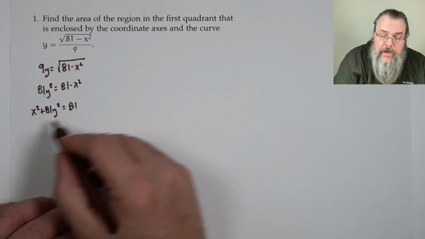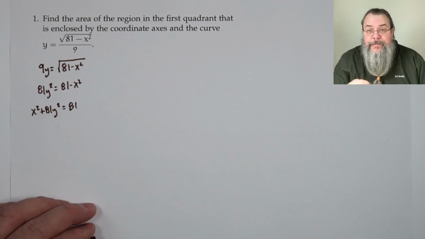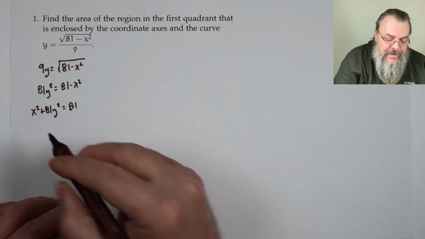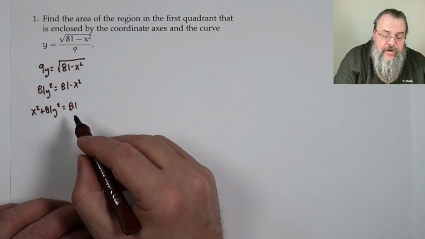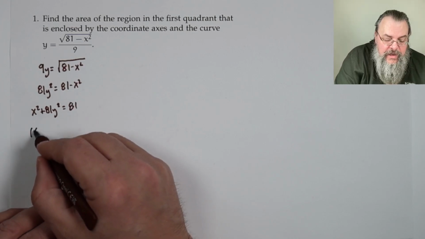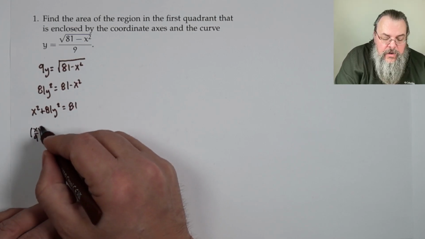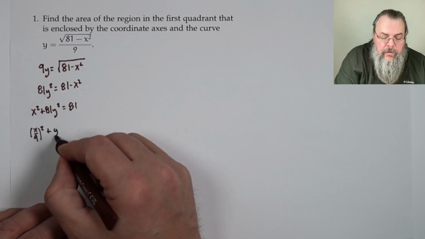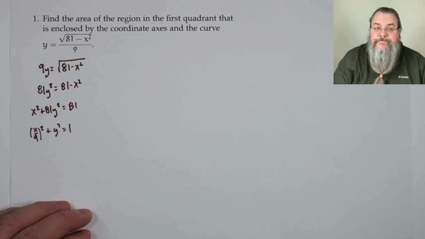And now if you divide everything by 81, I know I'm putting fractions back in, but I'm doing it for a very particular reason. And we note that 81 is 9 squared. This is (x over 9) quantity squared plus y squared equals 1.